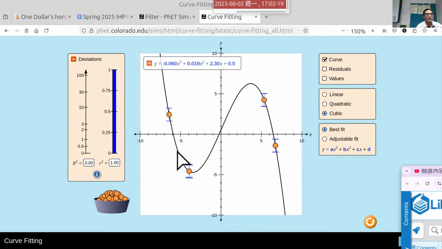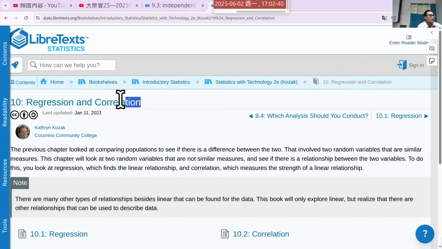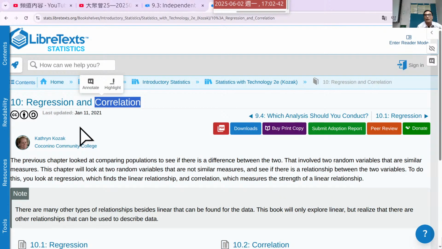I may not have this one in our final exam, but I want to share a very important concept to you. In the future, if you want to find the relationship again, the regression, you want to know the correlation between two sets of data, two groups of values, you can do the regression.